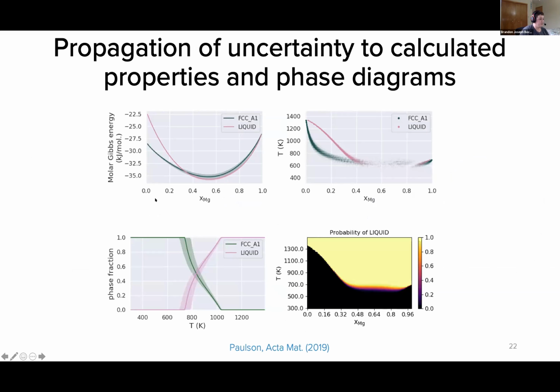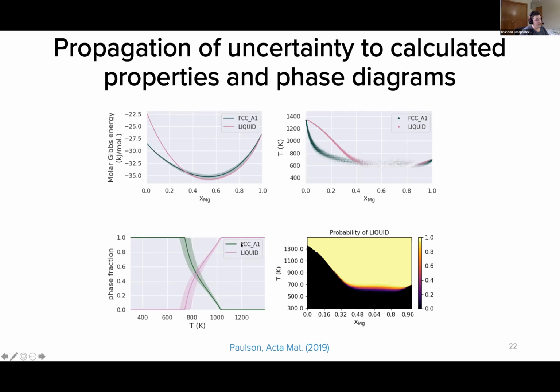I have a couple of examples here that we talked about in our 2019 paper in Acta Materialia, where we've propagated the uncertainties. These are all in copper magnesium. We've propagated the uncertainties for the Gibbs energy of FCC and liquid. We can see in this example that the FCC is much more uncertain than the liquid.